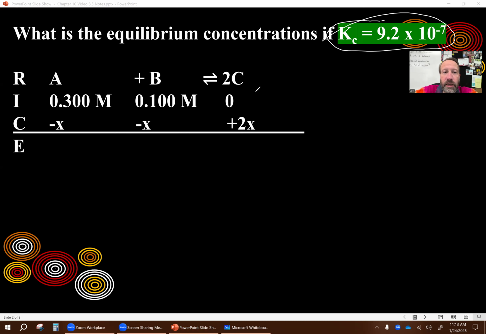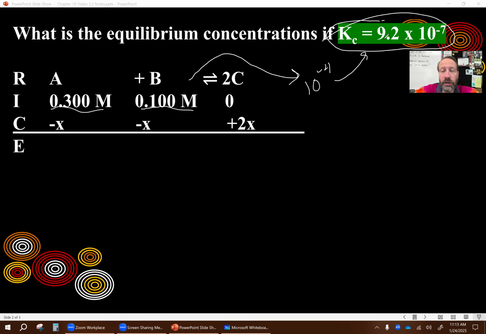Now, here's the big thing. It needs to be small compared to your initial concentrations to be able for this shortcut to work. My rule of thumb is if the difference is a 10 to the negative 4. So if it's at least a 10 to the negative 4 difference between your concentrations and your KC, then you can use the shortcut.